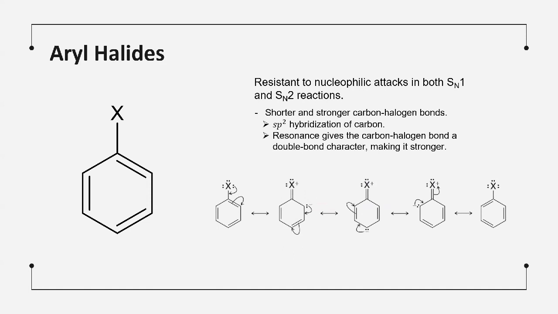And in addition, resonance gives the carbon-halogen bond a double bond character, meaning the bonds are stronger than the usual single bonds. Now, shorter and stronger bonds make nucleophilic attacks less likely since for it to occur, it would require more energy than it would sa ibang functional groups.